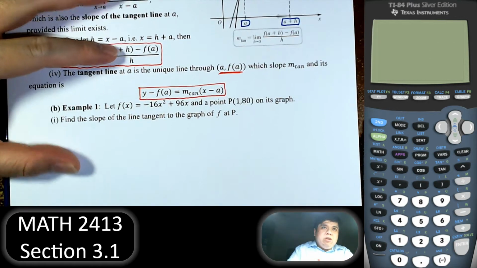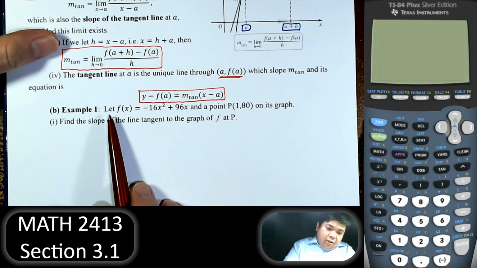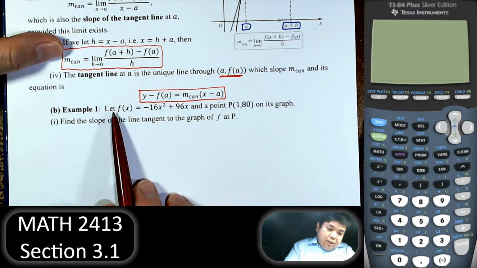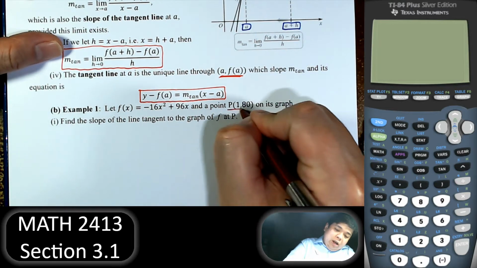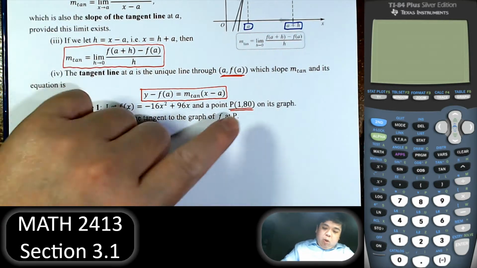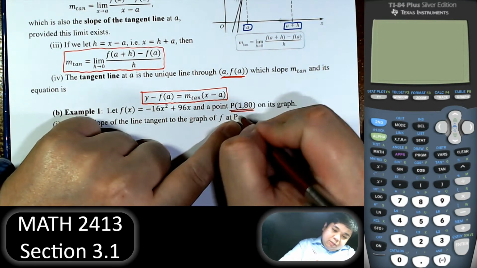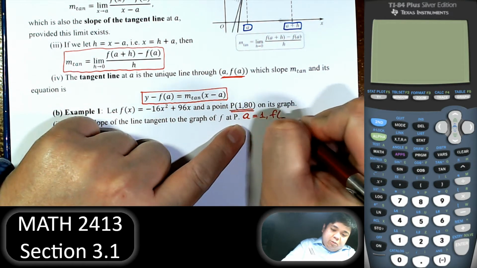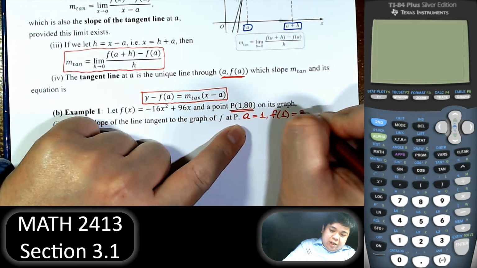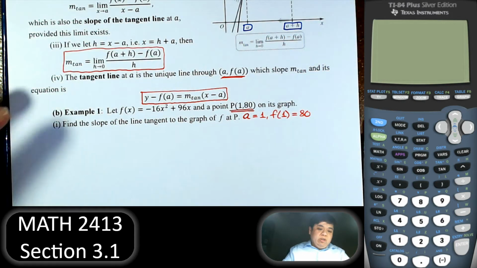Right, so let's look at the first example. Find the slope of the tangent line of the graph at the point 1 and 80. So the point 1 and 80: A is equal to 1, and f of 1 is equal to 80. Right, but we don't even need that.